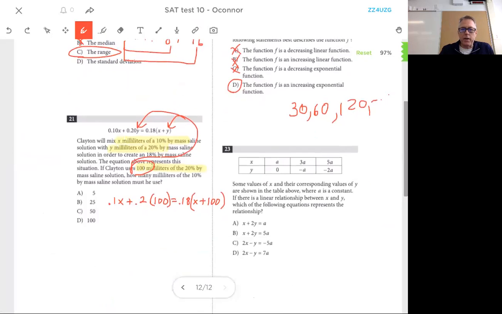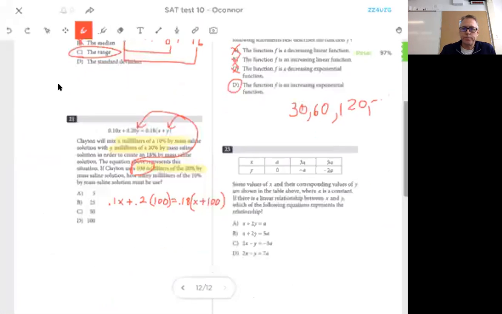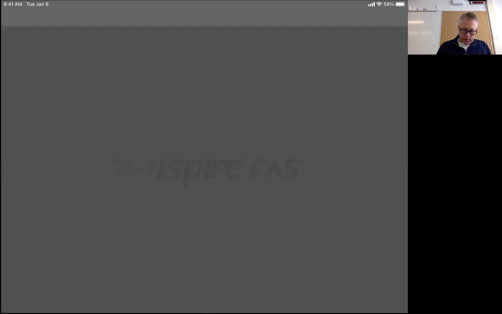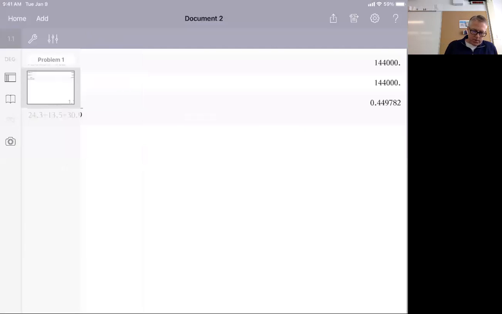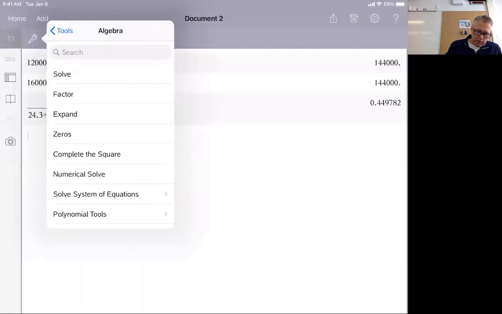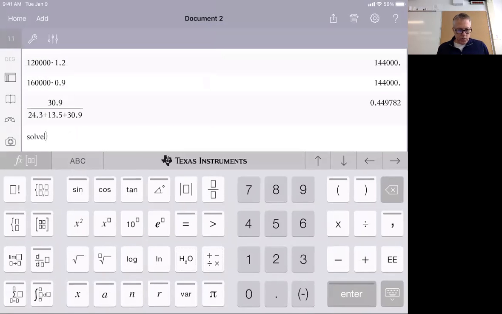All right, let me go back now that my calculator is open. Oh, I'm sorry, you guys can't see that. My mistake. Give me just a second. I'm going to open up my graphing calculator on my iPad, go to tools, go to algebra, and I want to solve.